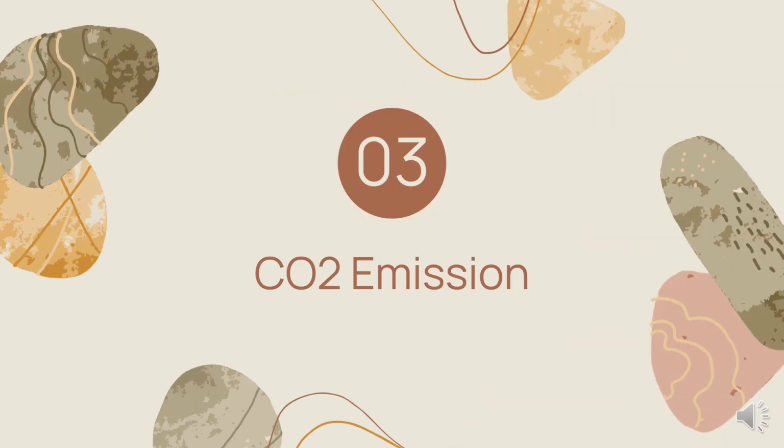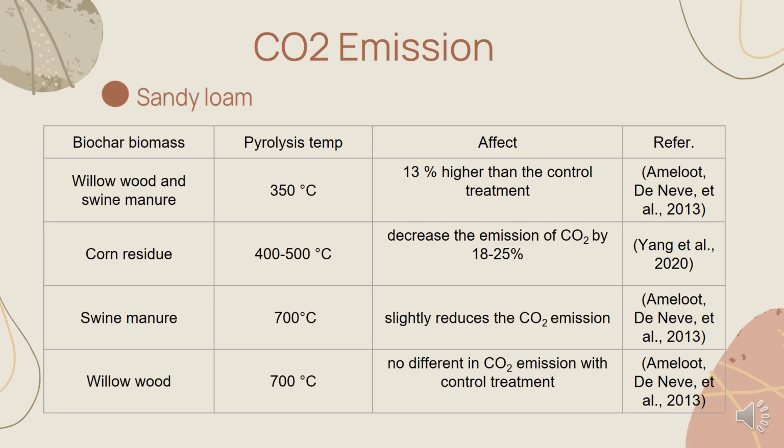First thing, let's start with carbon dioxide emission from different types of soil. There is some research conducted to study the emission of carbon dioxide from sandy loam soils, and they used different types of biochar as this table shows.